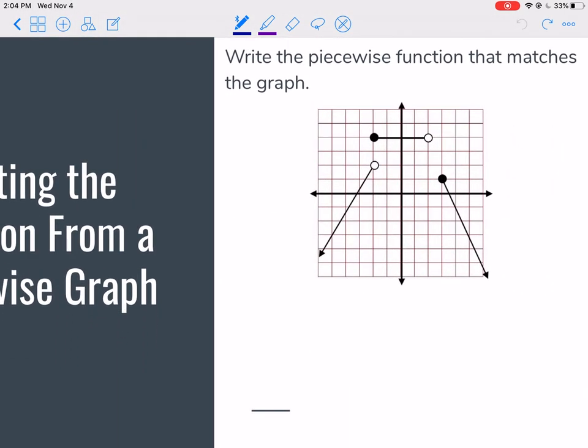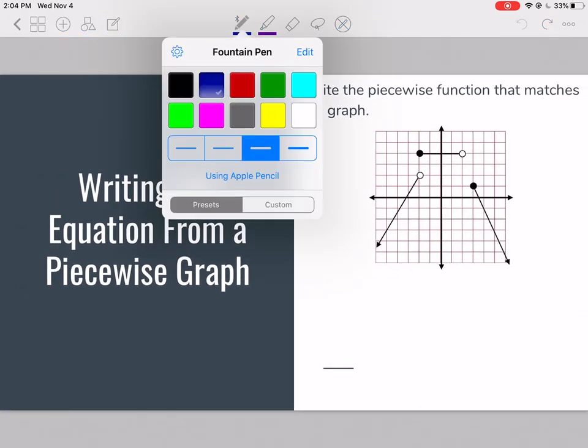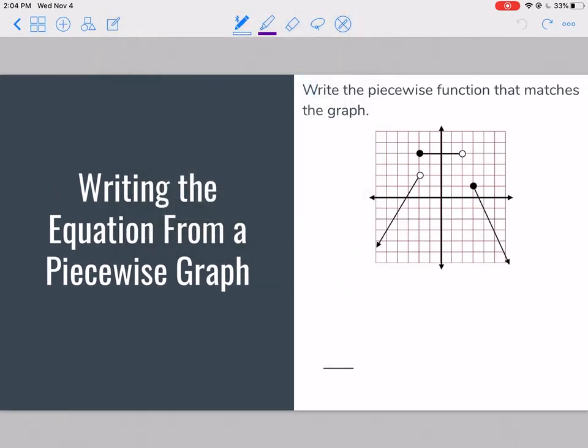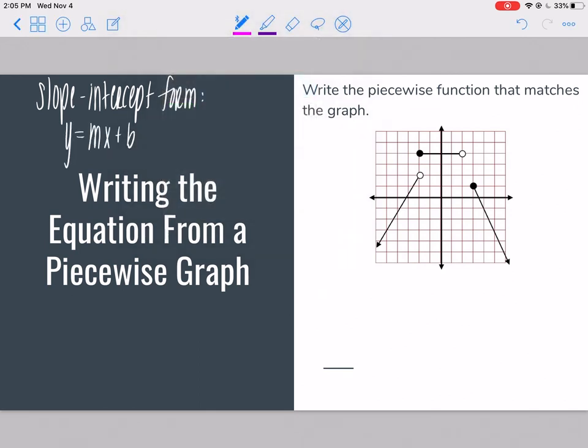So quick reminder, because a lot of these graphs that you guys are going to see, if we have you write the equation, likely it's just going to be the equation of a line. So slope-intercept form of a line, as a reminder, is in the form y equals mx plus b, where m is the slope, or rise over run is what we call that, change in y over change in x.